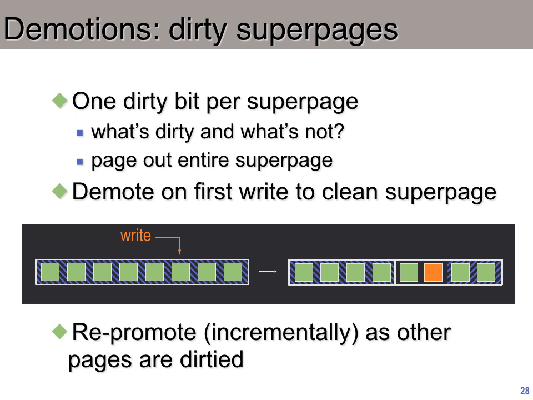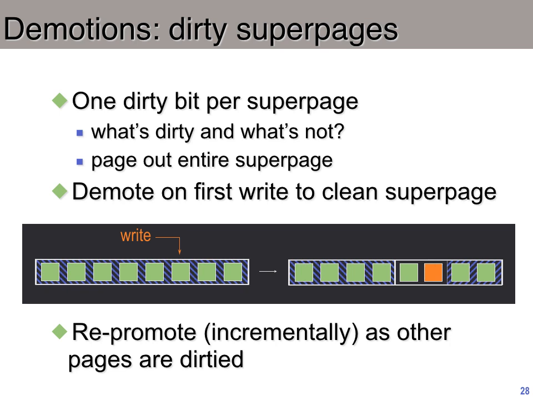There's another issue to consider, which is that we don't want to write an entire superpage to the disk if it is selected as a victim page. We only want to write parts of the superpage that are actually dirty, meaning that have been updated by the application. So here, upon memory pressure, we will mark all superpages as read-only.